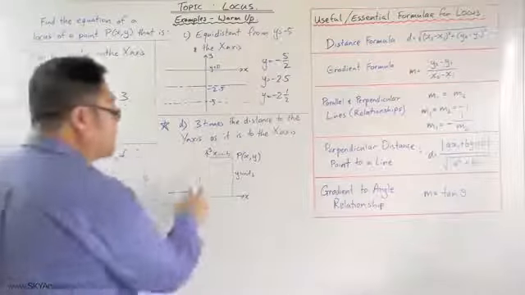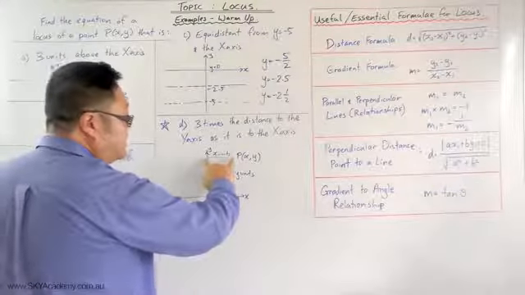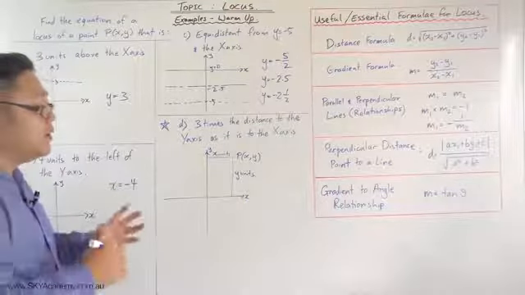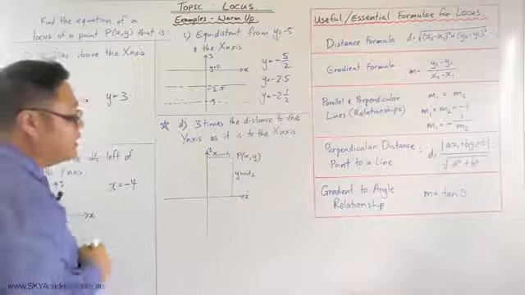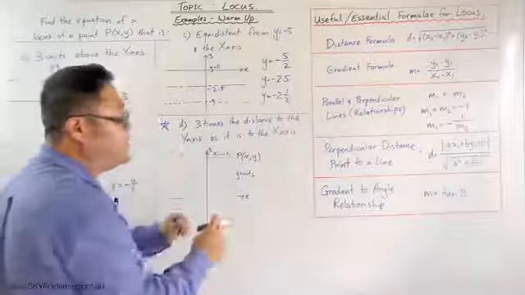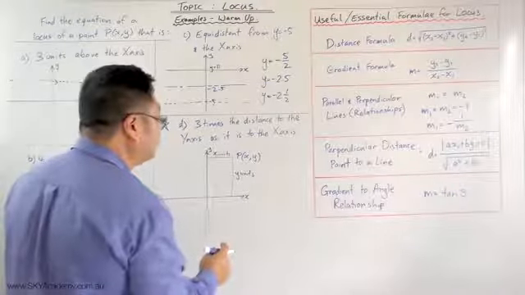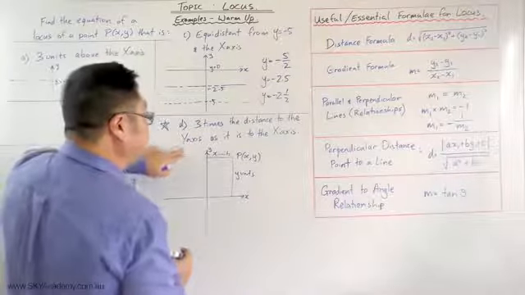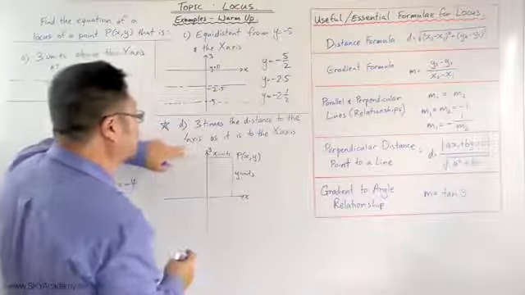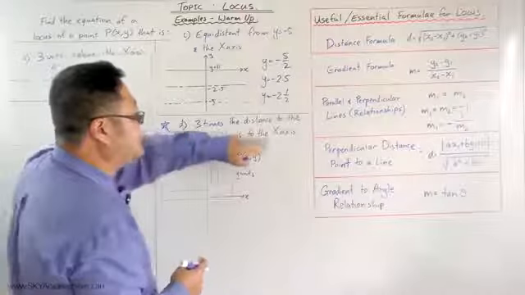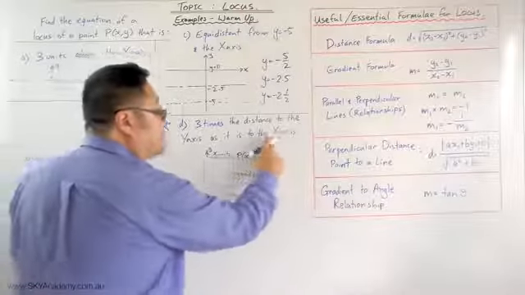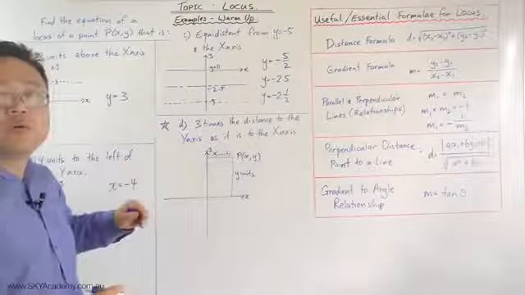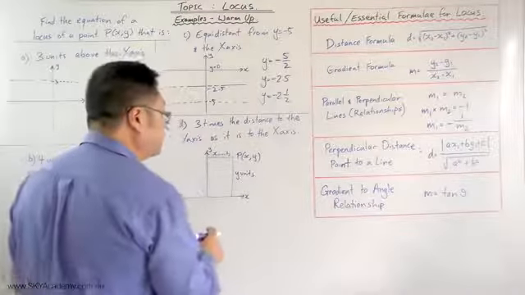So in order for them to be equal, we need to multiply the distance to the x-axis by 3 to make it equal to the distance to the y-axis. Does that make sense?